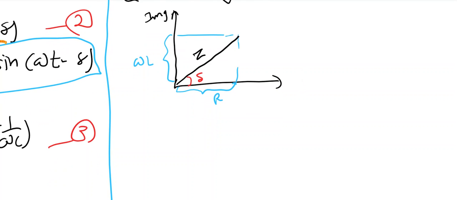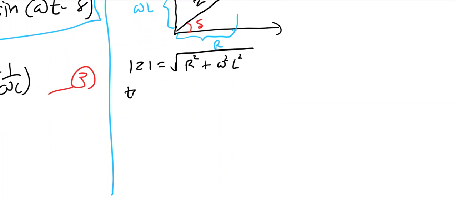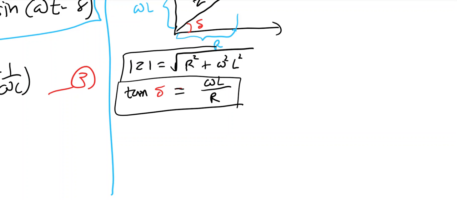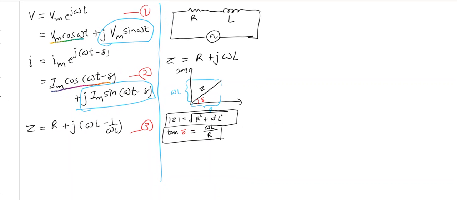If we are asked how much is the magnitude, mod Z, we can say it is the square root of x squared plus y squared. Here it is the square root of R squared plus omega squared L squared. And how much is the phase of this impedance? The tangent of delta is the opposite side, omega L, by the adjacent side, R. So this is the phase, and here is the magnitude.